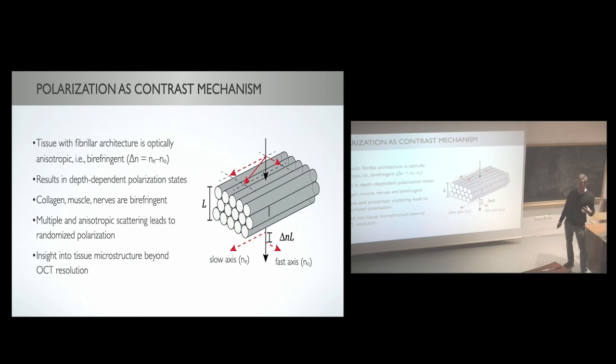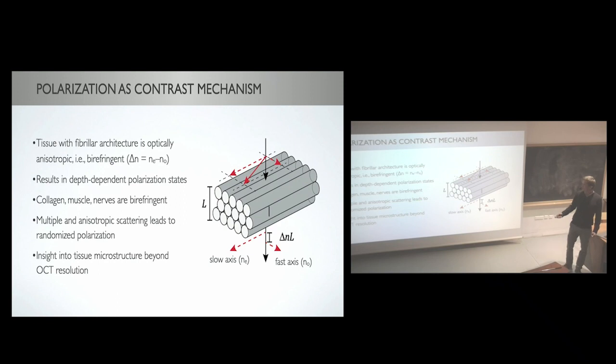As we'll discuss, with OCT we can measure the round-trip effect of these polarization changes as a function of depth into the tissue. By observing these changes, we can deduce the presence of birefringent material. Collagen, muscle, and nerves are all fibrillar material that is birefringent and exhibits this contrast mechanism.